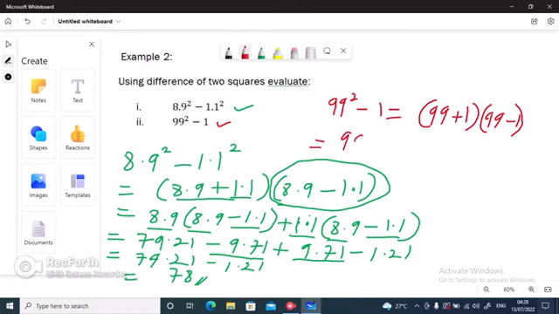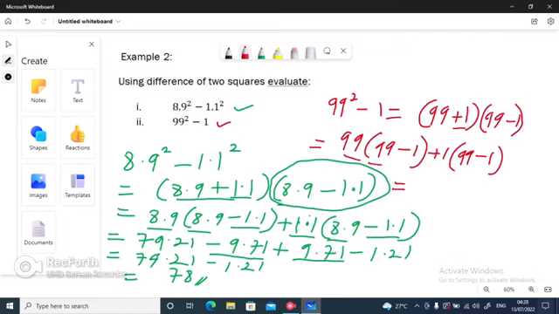So which is equals to 99, open bracket, 99 minus 1, close our bracket, now plus 1, open bracket, that is 99 minus 1.